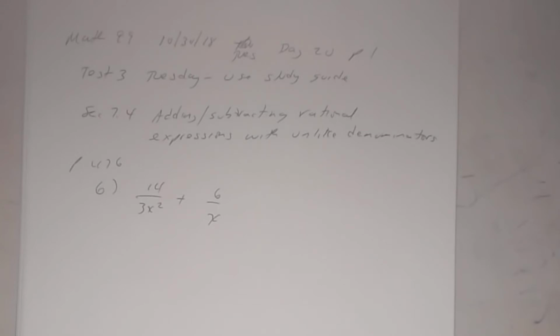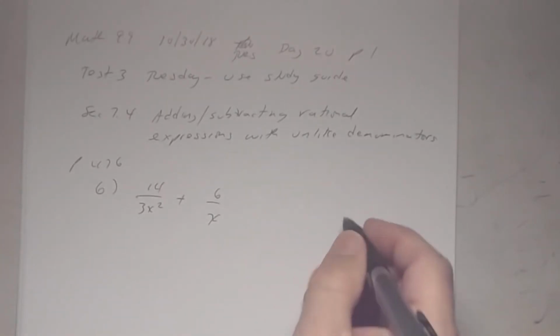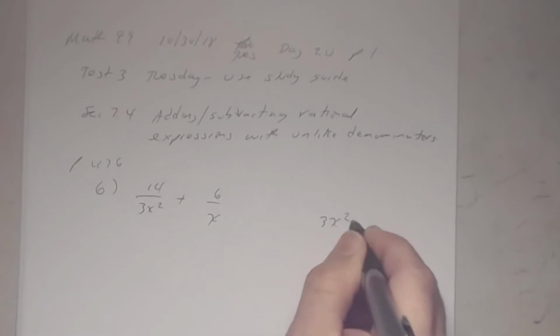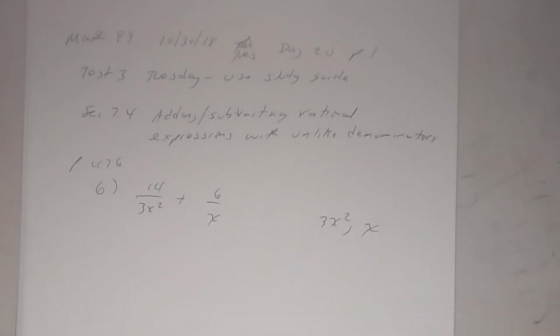In the previous section, you had a problem that looked like this, and you were asked to find the least common denominator. What will be the least common denominator? This part here is from the previous section. 3x squared. Y'all agree it's 3x squared? Remember, look at the coefficient. What's this coefficient? 3. What's this coefficient? 1.